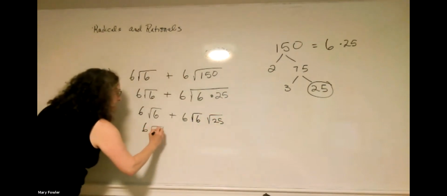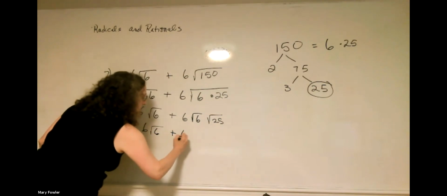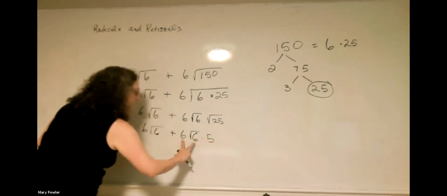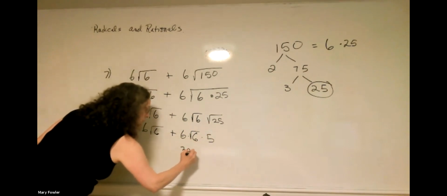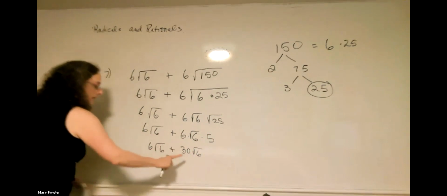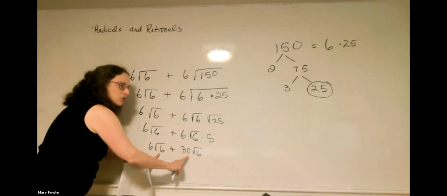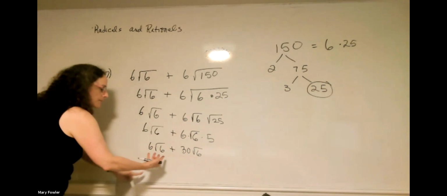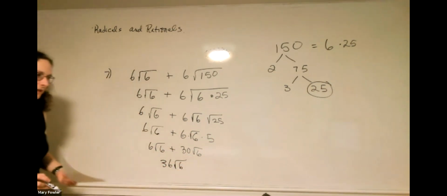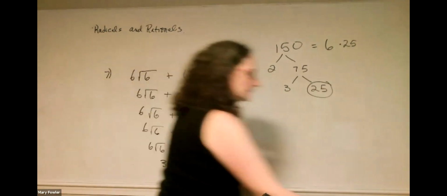So that's 6 times the square root of 6 plus 6 times the square root of 6 times 5. 6 times 5 is 30, square root of 6. And now we have 6 times the square root of 6 plus 30 times the square root of 6. We can combine this to 36 times the square root of 6.